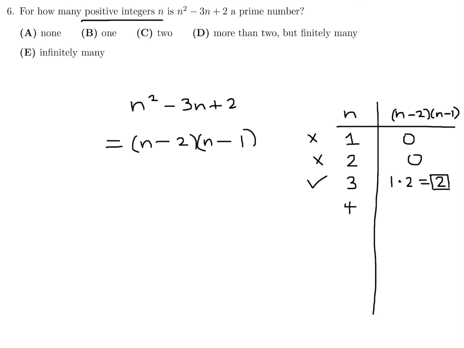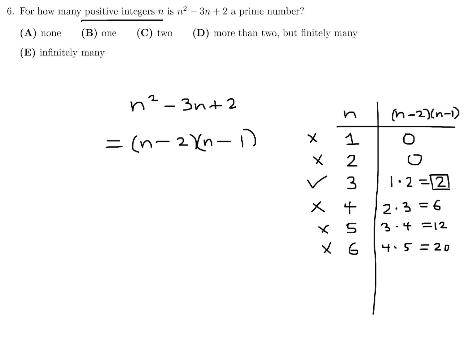When n is 4, we've got 2 times 3, which is 6. 6 is not a prime. When n is 5, we've got 3 times 4, which is 12. 12 is not a prime. And we can keep going forever. 4 times 5 and so on. 20, which is not a prime.